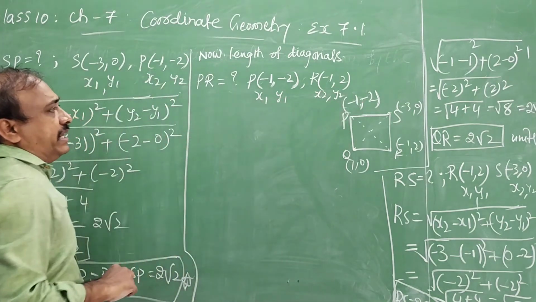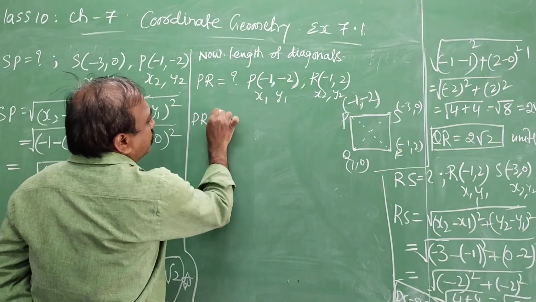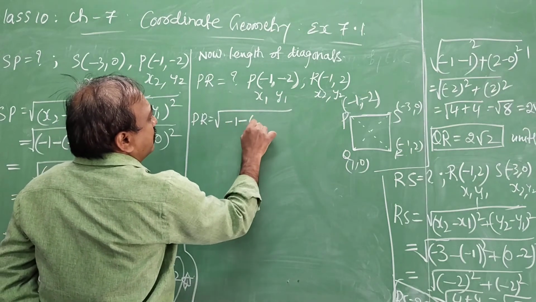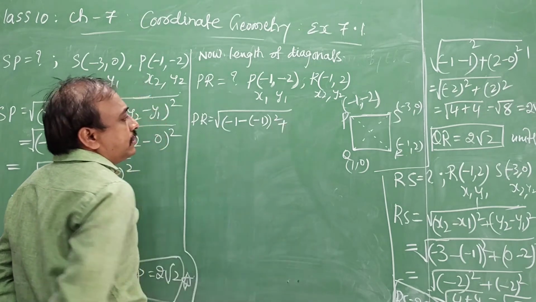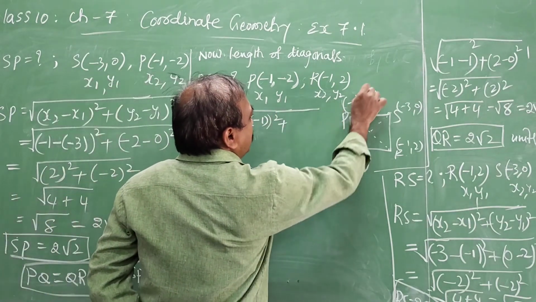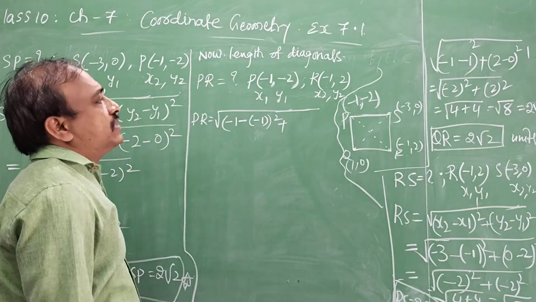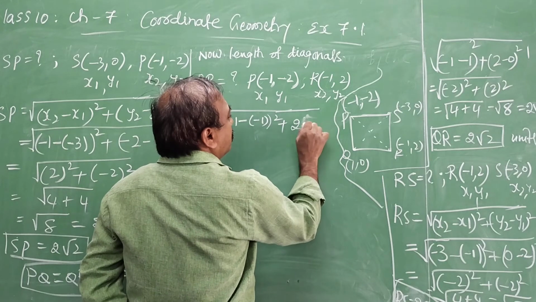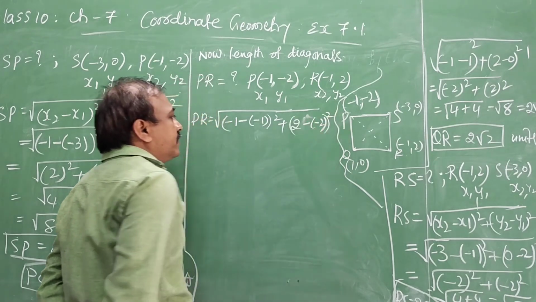PR is equal to root of (x2 minus x1) whole square, that is minus 1 minus minus 1, whole square, plus (y2 minus y1), that is 2 minus minus 2, whole square.